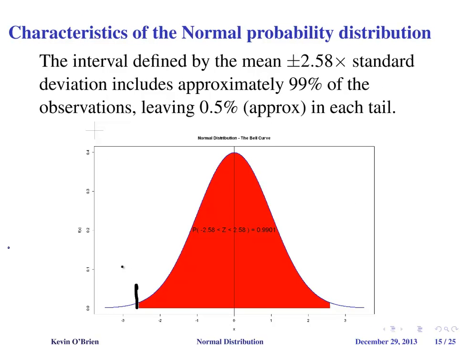Between here, minus 2.58 standard deviations, and here, 2.58 standard deviations, that being the mean, this accounts for 99% of the area under the curve, leaving 0.5% in each tail.